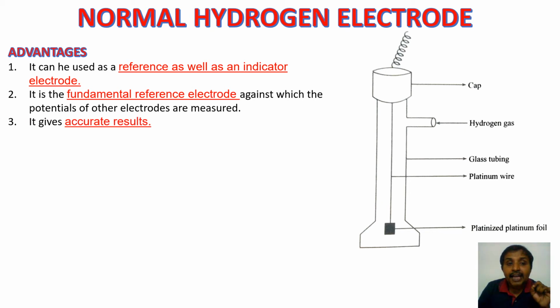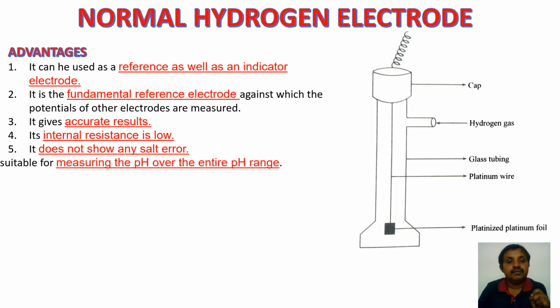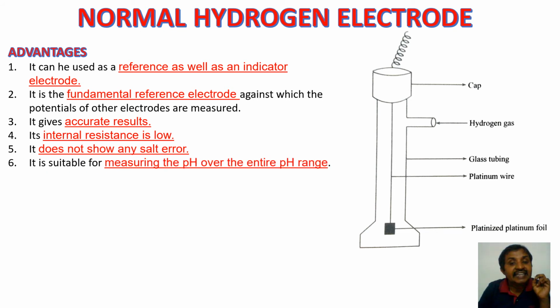It gives accurate results. Its internal resistance is low, and it does not show any salt error. It is suitable for measuring pH over the entire pH range.